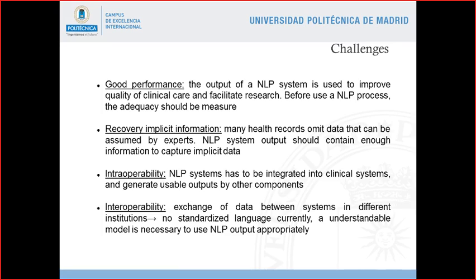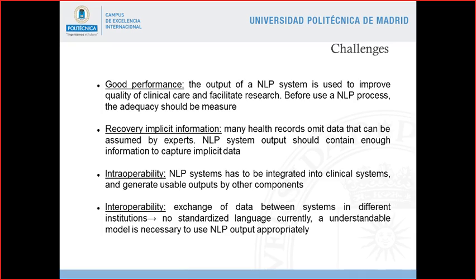Interoperability. That means that these systems have to be integrated with other systems in the clinical institutions. So you have to generate usable outputs that are used by other components. Another is interoperability: you have to exchange data between different institutions, not only with your institution, but with other institutions.